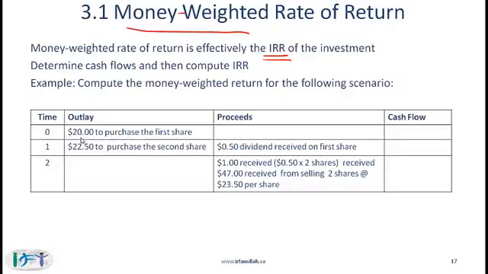So that is your investment. Your initial cash outflow at time 0 then is minus 20. At time period 1, let's say this is 1 year later, you purchase a second share. So that is a cash outflow, and a dividend of 50 cents is received. So the net cash outflow is 22.